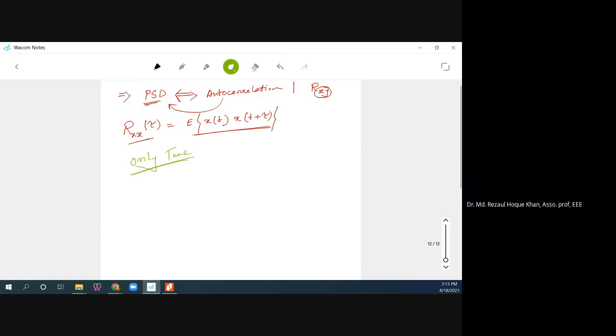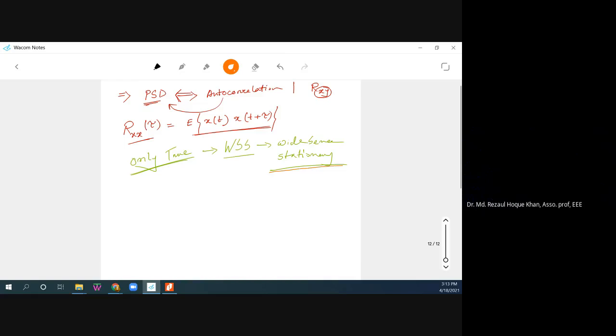Only true for what kind of signal? If the signal is WSS. What is that? Wide sense stationary. Is that term new to you? Wide sense stationary?